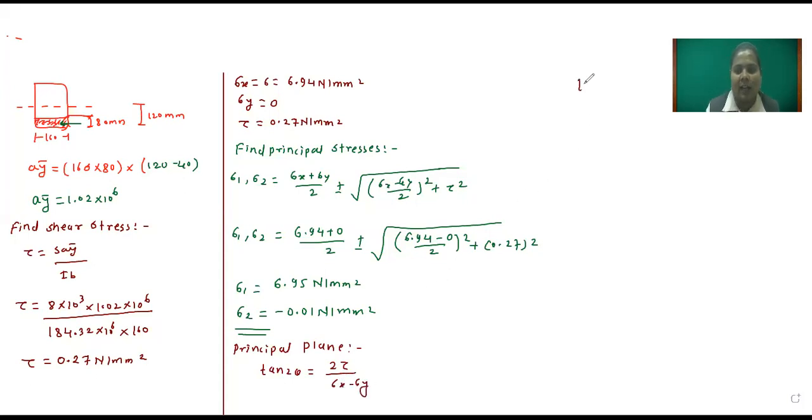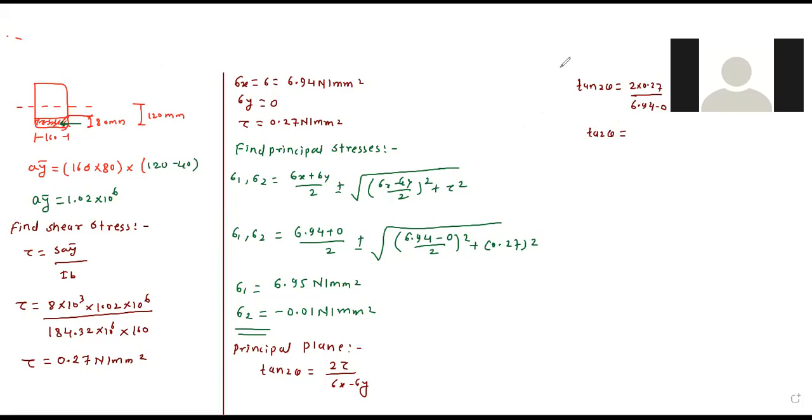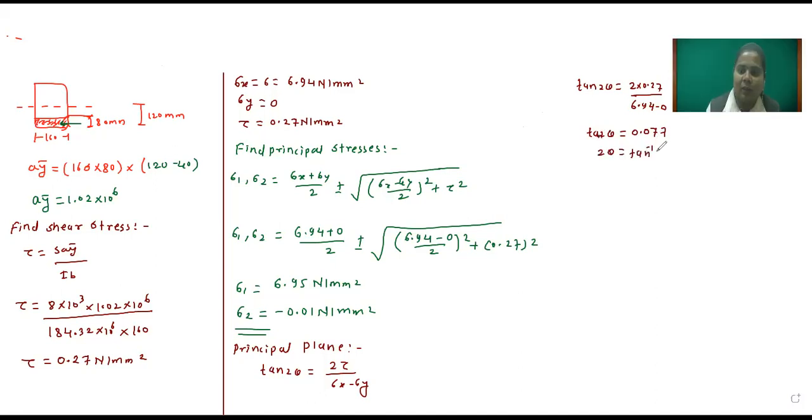So tan 2 theta is equal to 2 into 0.27 divided by (6.94 minus 0). So tan 2 theta is equal to 0.077.